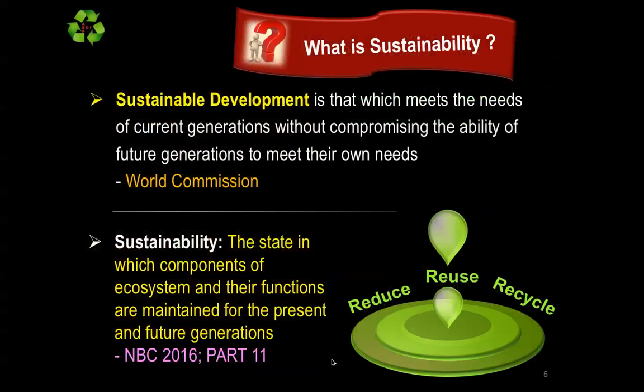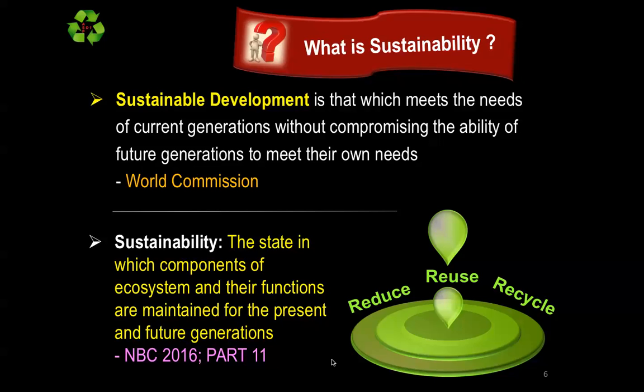Now, let us begin with a few definitions, and all the subsequent slides are in the form of questions and answers. Let us begin understanding what exactly is sustainability. As far as the World Commission, the United Nations Environment Program and the United Nations Development Program, UNDP, UNEP, are concerned, they mainly define sustainability in terms of sustainable development.